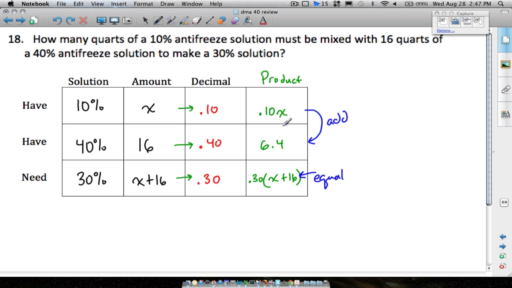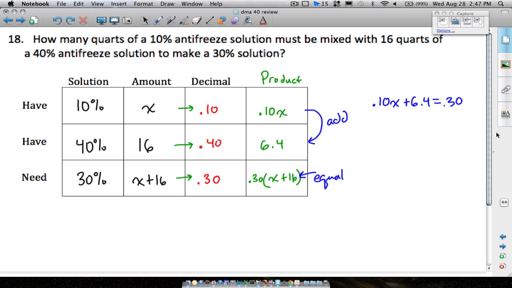This is where your equation comes from. You add these two solutions together to get a solution that is equal to this right here. That's how we set up our equation. So therefore we have 0.10x plus 6.4, set equal to this solution down here. So it's going to be 0.30.